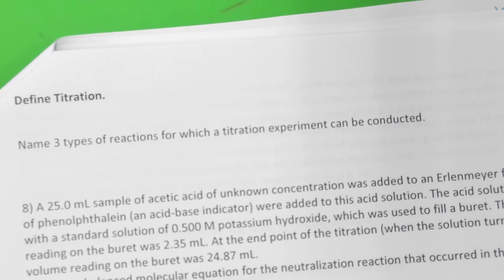You guys probably heard about it or you've seen them before in pictures. Titration is nothing more than a neutralization reaction, where you are neutralizing a known solution with a solution of unknown concentration. So basically you don't have the concentration of one of them and you're trying to find it.